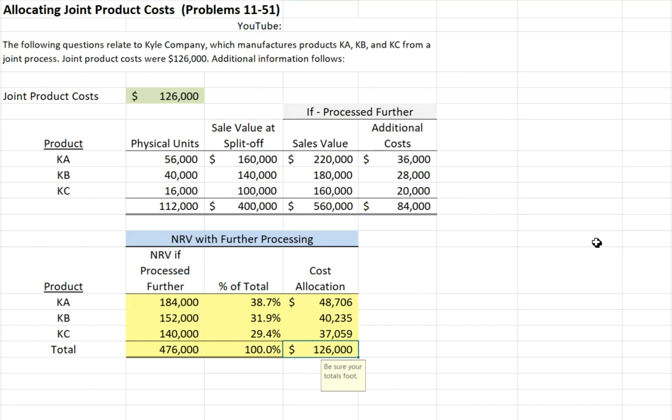Let's take a look for a second at this question of should we process goods further. In this case, the additional market value compared to the sales value at split-off point exceeds the additional processing cost for each product. For instance, product Ka, we will net an additional $60,000 in sales proceeds if we spend $36,000.